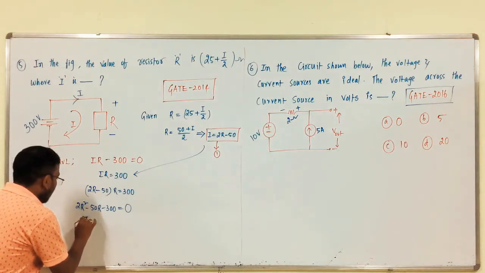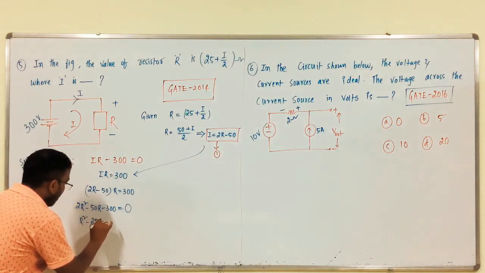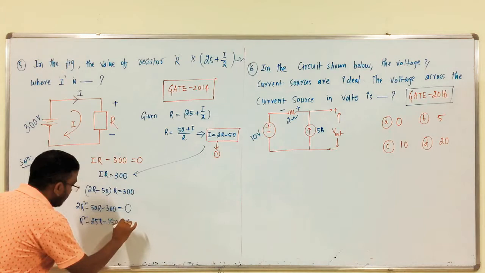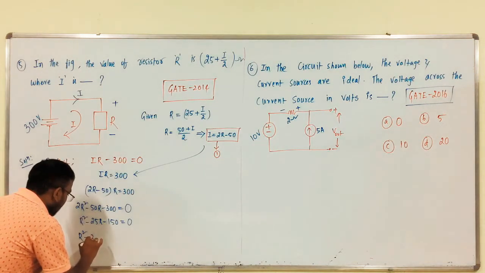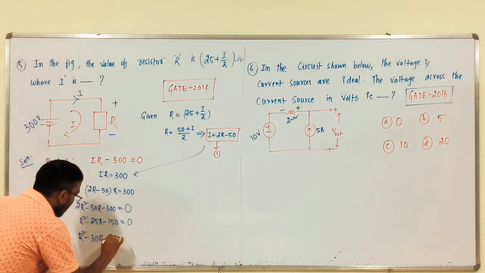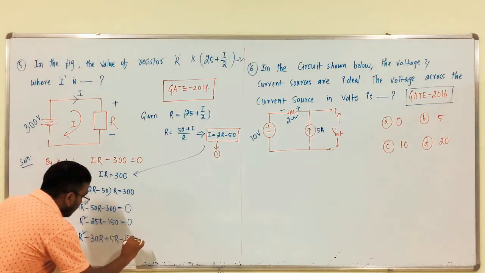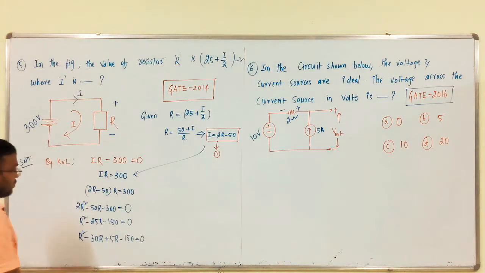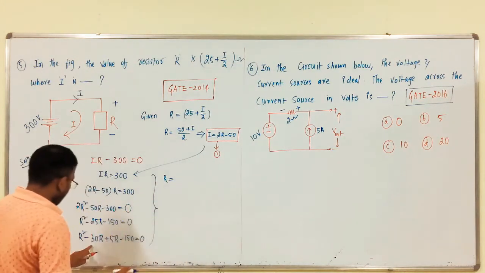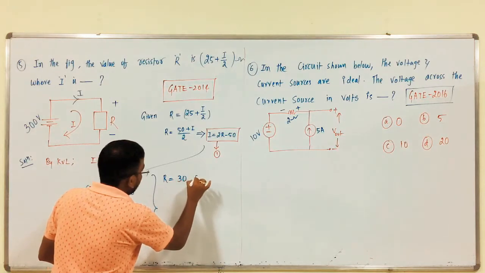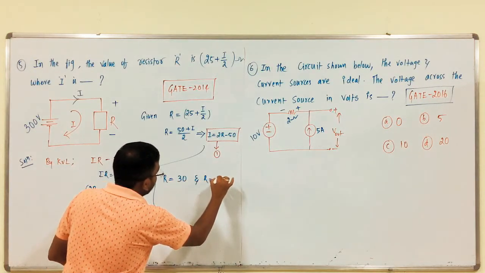Therefore, R square minus 25R minus 150, which is equals to 0. So, it can be written as minus 30R plus 5R minus 150 is equals to 0. So, after solving this, we can get R is equals to 30 and R is equals to minus 5 ohms.